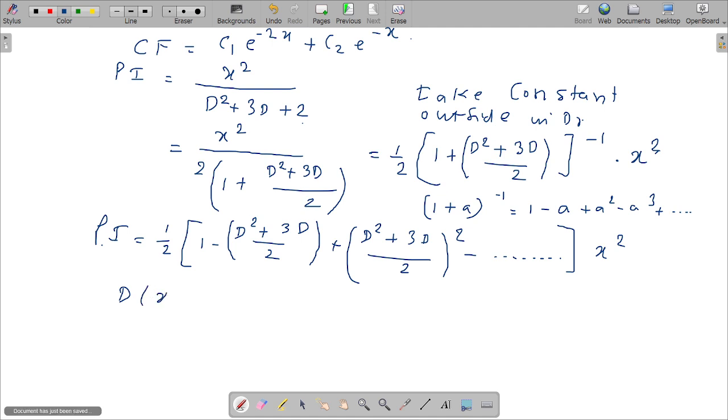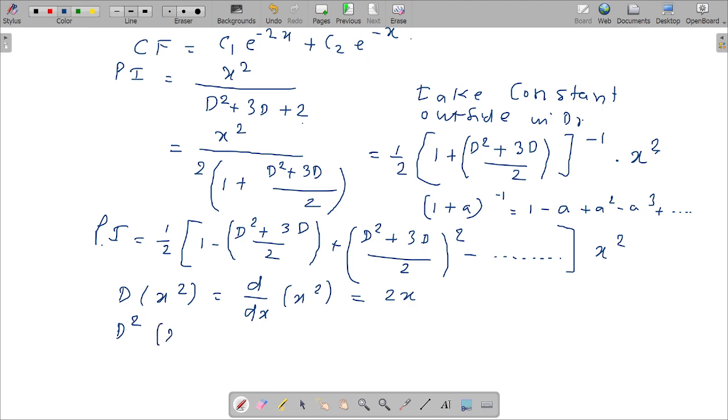So what is meant by d of x square? D of x square means dy dx of x square. At least one of them can join with me, then only it will be somewhat of an interactive class. So d of x square is 2x, is it not?